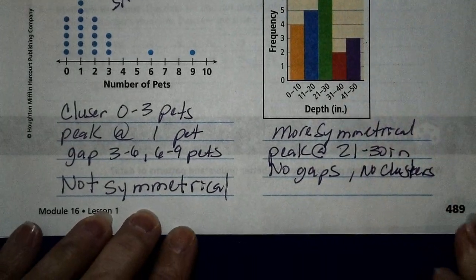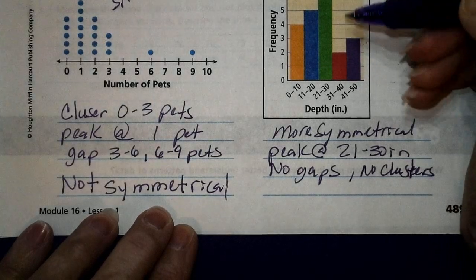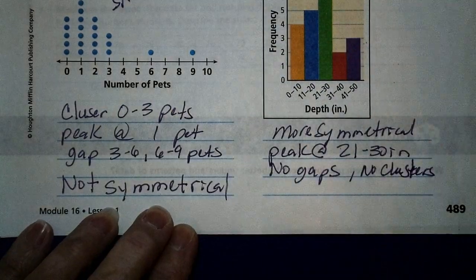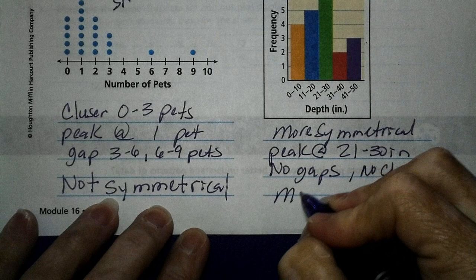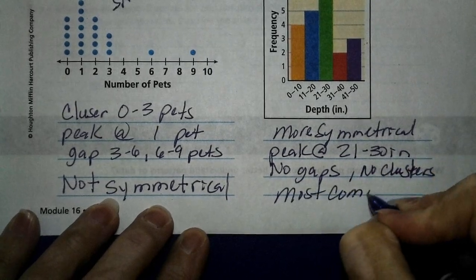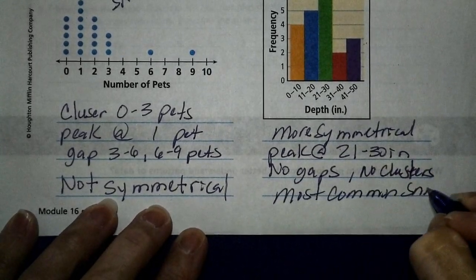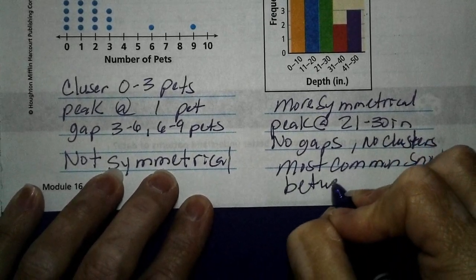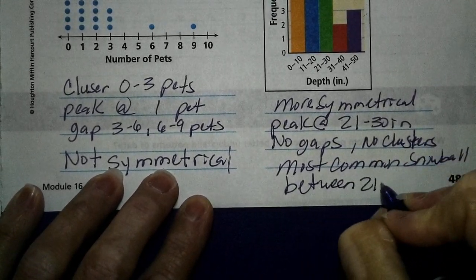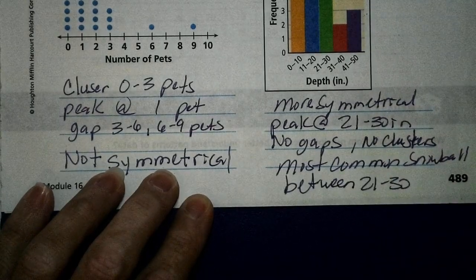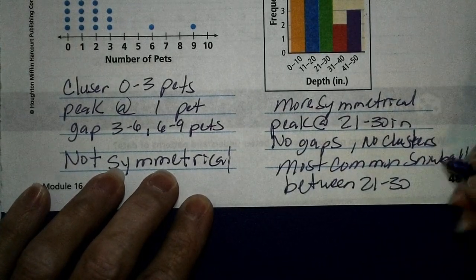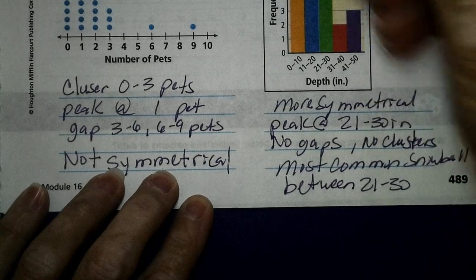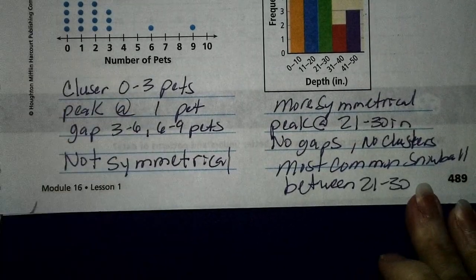Okay, and we could say that the most common snowfall is between 21 and 30. Okay? All right, and that is it.